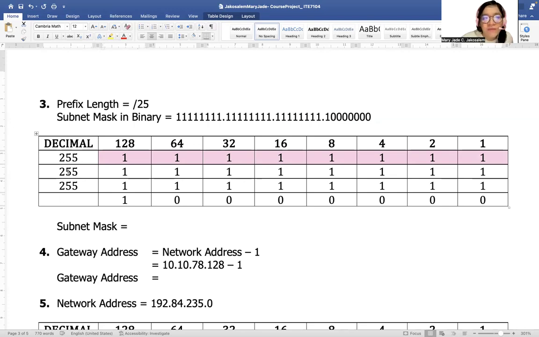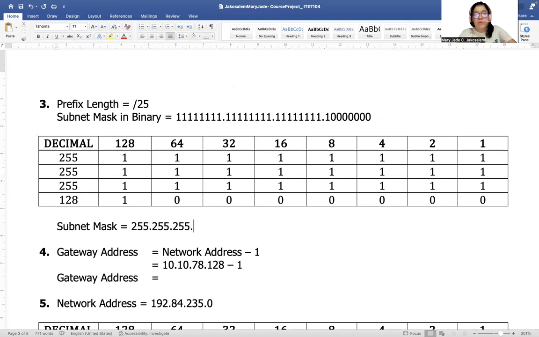So, 255, 255, 255. Again, 8 ones is equivalent to 255. Now, for the last octet, we have a 1 at 128. We look for the other ones, and there's none. Hence, it's automatically 128. So our subnet mask is 255.255.255.128.